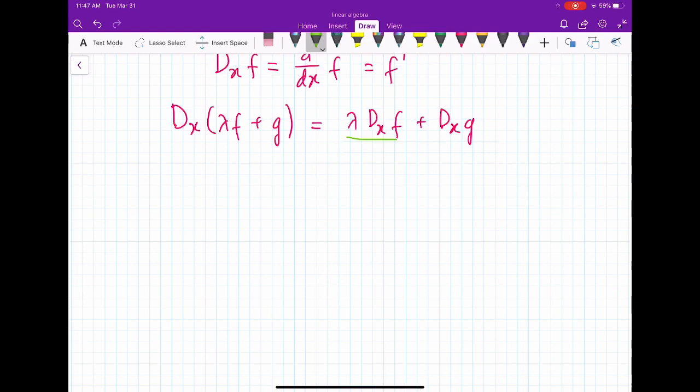So that means the differential operator is a linear transformation. Okay? Here's homework for extra credit. Get the matrix of d/dx. Please send me your answer. All right?